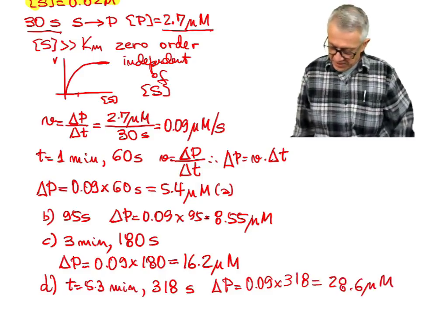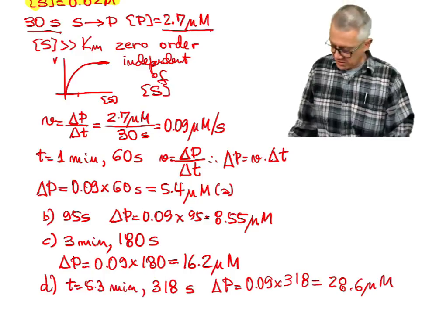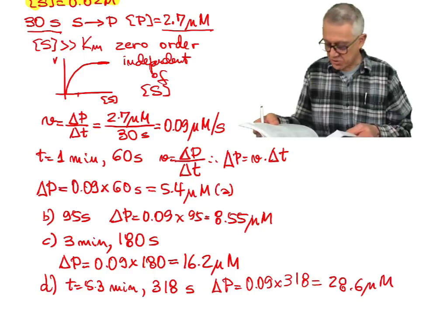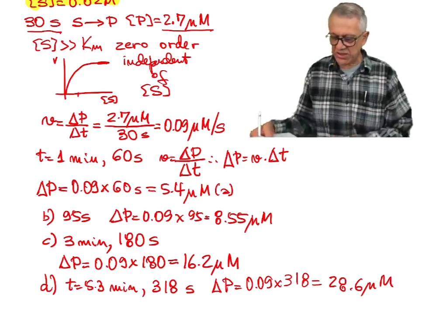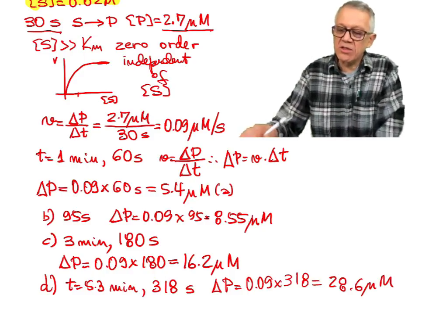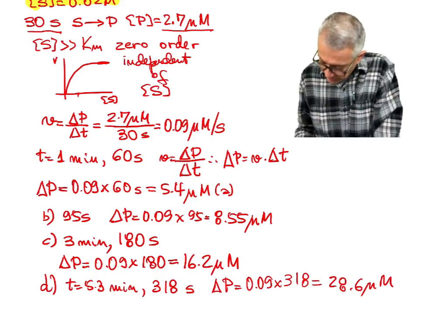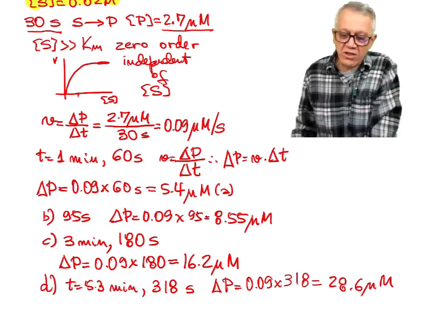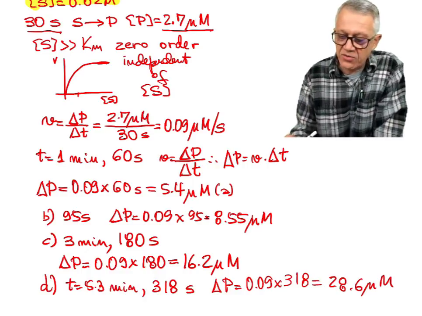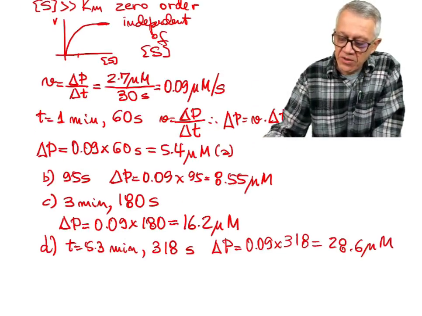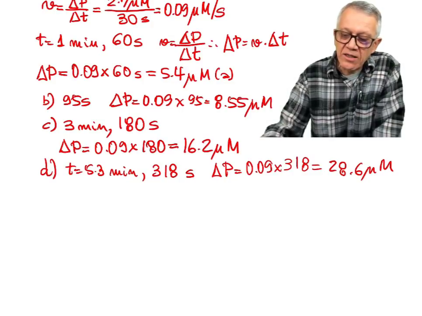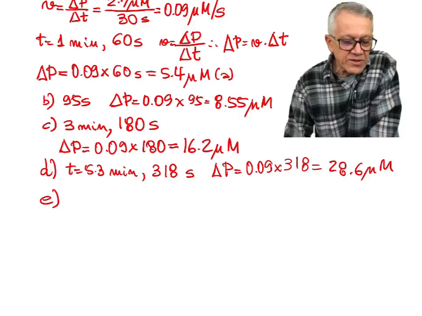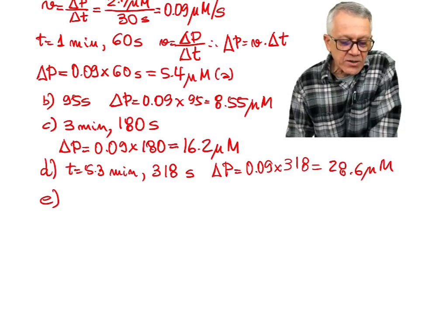And the problem continues. In letter E they ask, what percent of the original substrate will be utilized by the times indicated? Now it's asking about the percent of the original substrate utilized. We look at the formation of the product, and in letter E we look at how much was used, right?